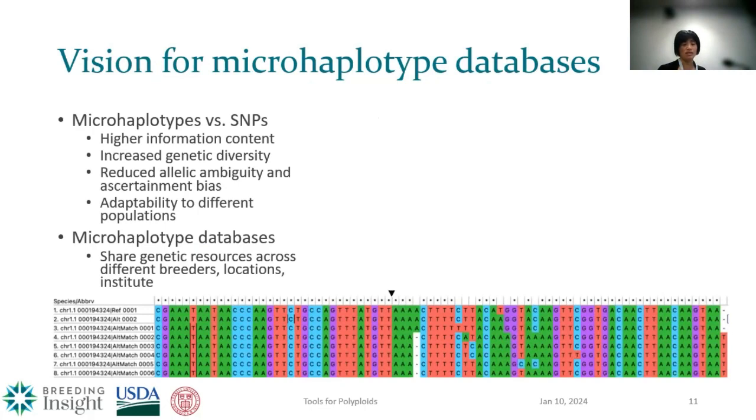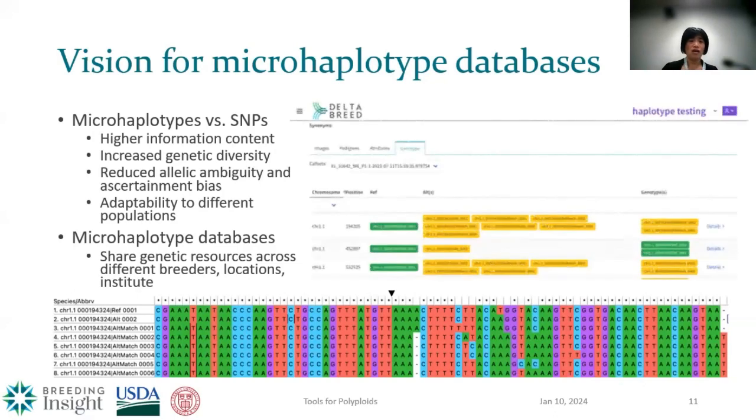You can see the common SNPs, both target and off-target. So if you know that there are polymorphisms at a specific locus that were not present in your germplasm but are in some other germplasm, you can contact them and collaborate to improve your breeding process. Further, this information will be linked to Breedbase, where you can see the genotype based on the microhaplotypes.